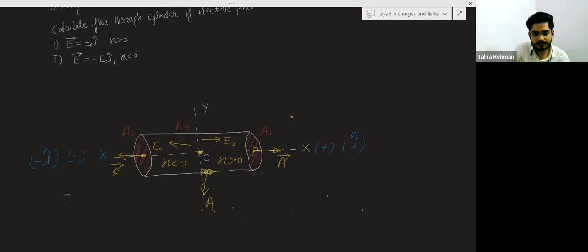Suppose this is A1. Area vector is always normal to the surface. But you can see the direction of the electric field is along the x-axis.